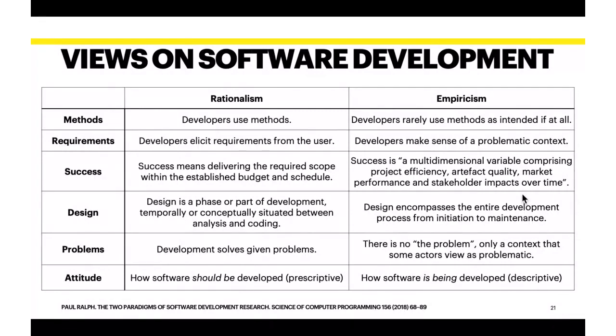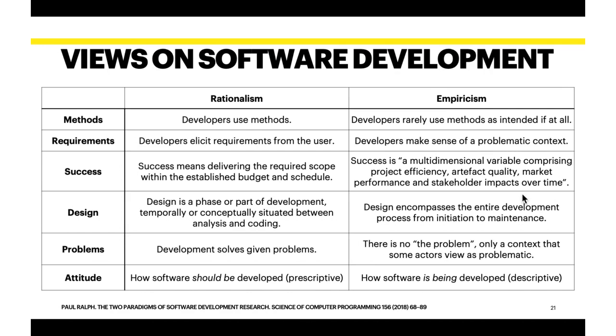Empiricists are going to discuss how software is being developed. So they are descriptive. If you look at your traditional undergraduate software engineering course, you will probably find that many things we are talking about are on the rational side.